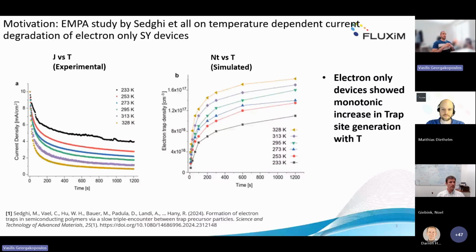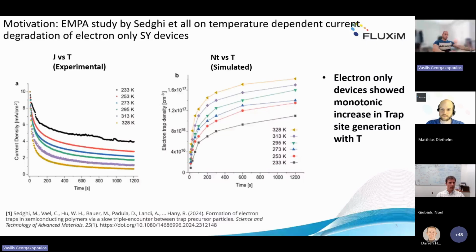This way, we can extract the trap density inside our devices. And we see that the trap site density also increases with a higher temperature. So this process is catalyzed basically by temperature. It's a diffusive process, and the dynamics are as expected.